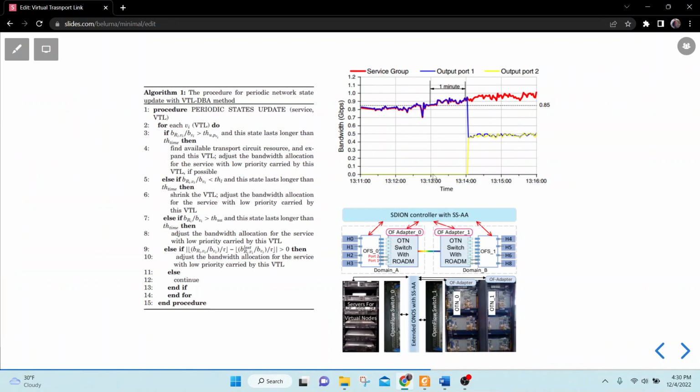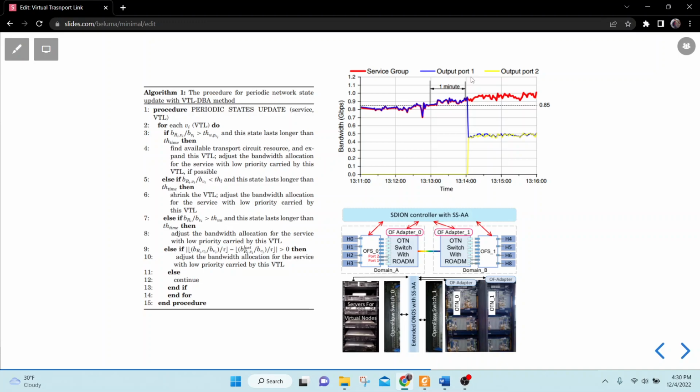This is the algorithm, and this is the topology that they used in their test bed, and this is the final result. You can see around the 4 minute mark, a tremendous amount of traffic is flowing in output port 1, and in output port 2 no traffic is flowing.